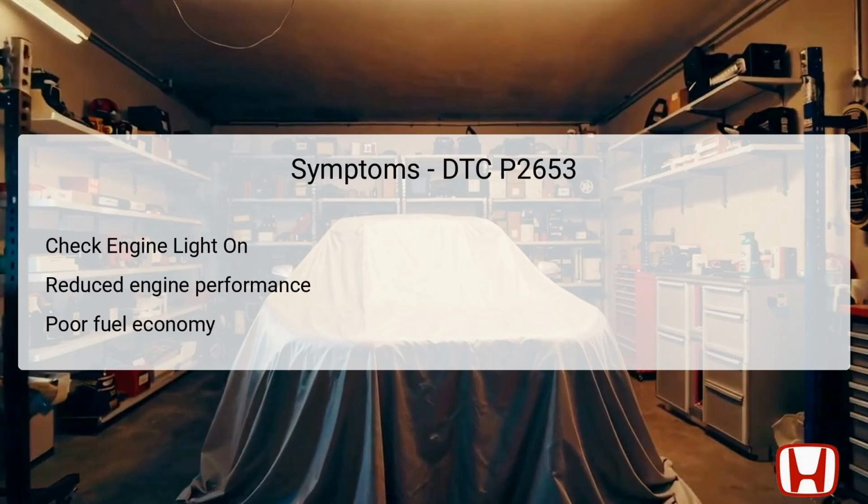Drivers might also observe poor fuel economy, as the engine is unable to adjust valve timing effectively. Engine misfires or rough idling may also occur, particularly under stressful driving conditions, which can further aggravate performance shortcomings. These symptoms together highlight the importance of timely diagnosis and repair to restore vehicle efficiency.